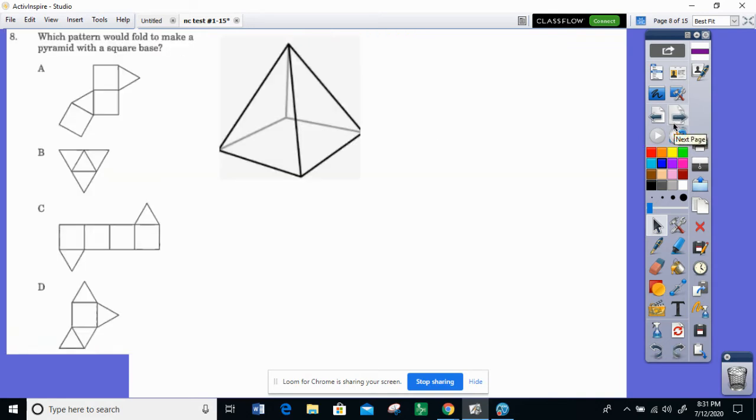All right, let's look at number 8. Which pattern would fold to make a pyramid with a square base? Well, here is a picture of a square pyramid. What do we notice here? We've got one square base that I'm going to highlight in blue.